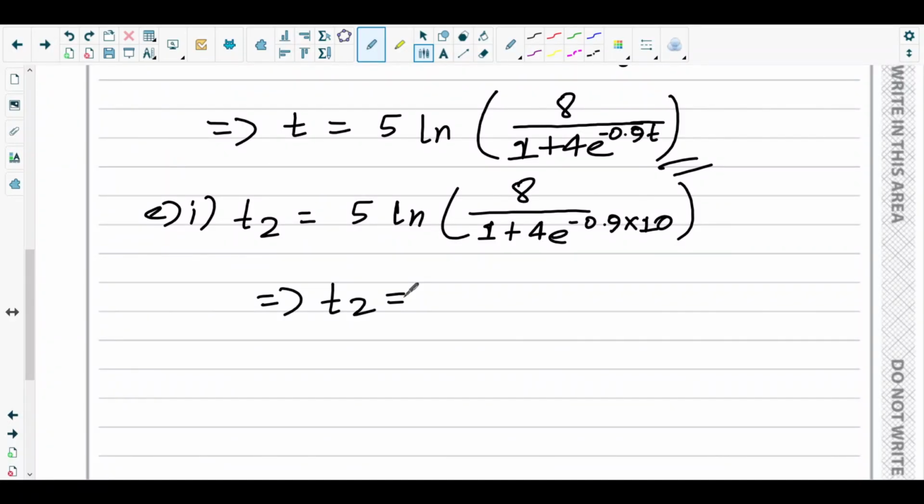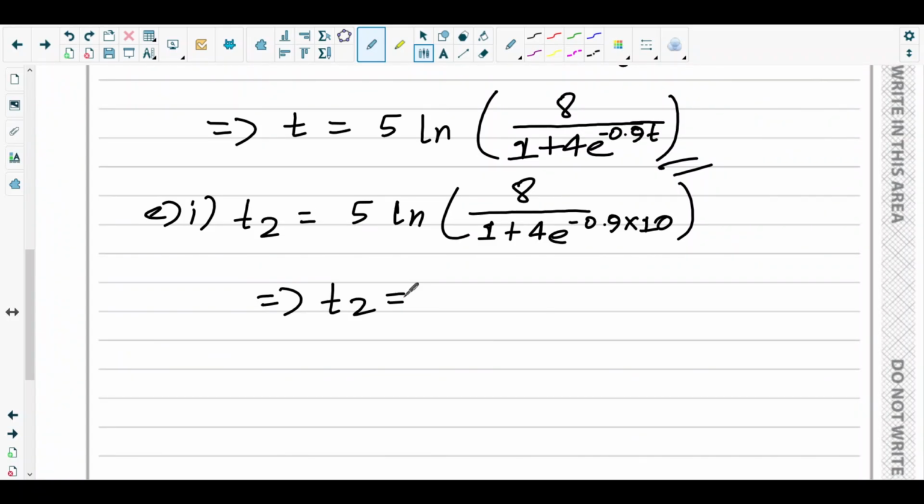If you take this equation, ln of 8 over 1 plus 4 e^(-0.9 times 10), this is basically negative 0.9 times 10, which is negative 9. So that would give you 2.0789 something.